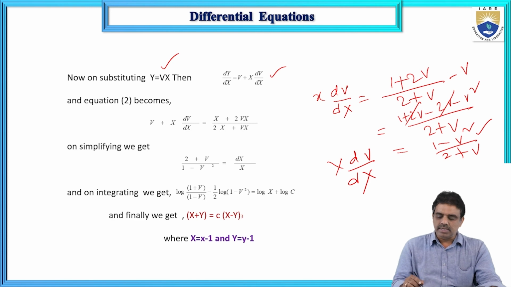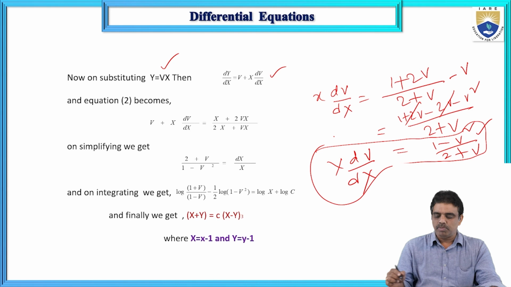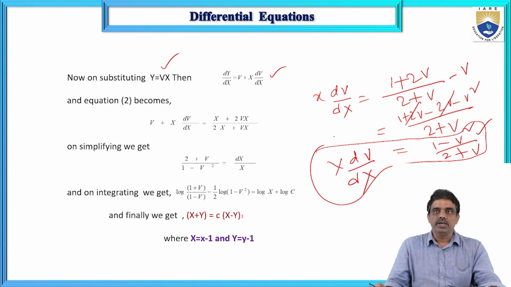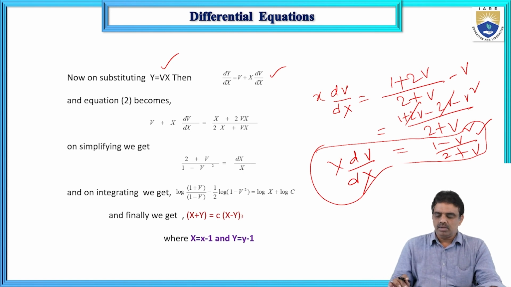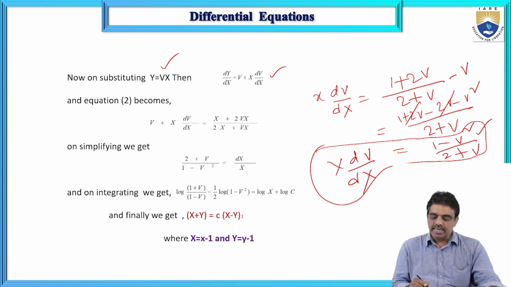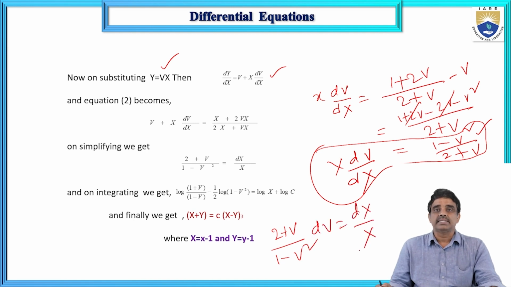Now this equation, clearly it is in variable separable form. There are only two variables, v on the right hand side, x here. So there are two terms, dv and dx. Now on separating the variables, I can write it as (2 plus v) by (1 minus v square) dv is equal to dx by x.